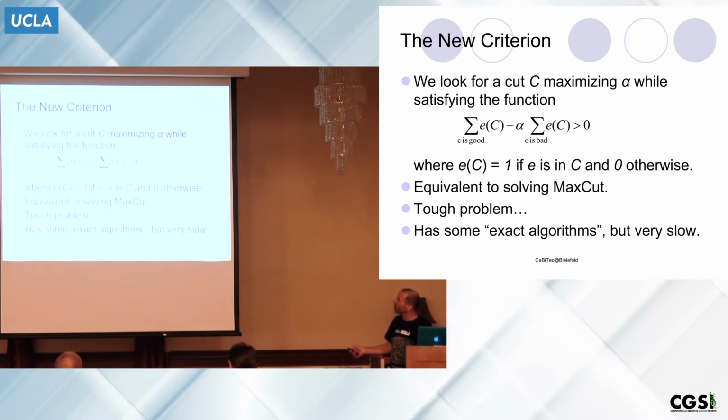So we look for C that maximizes alpha, and this is equivalent to solving max cut, and max cut is hard. So not only do I give a heuristic here, the heuristic is NP hard.